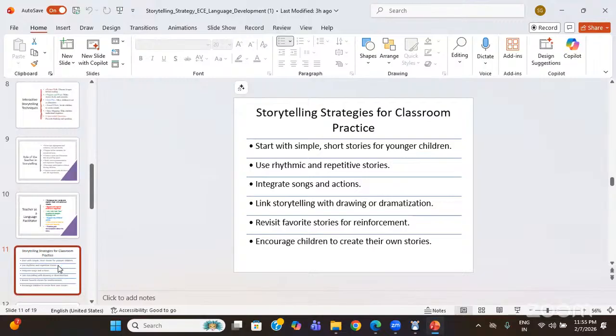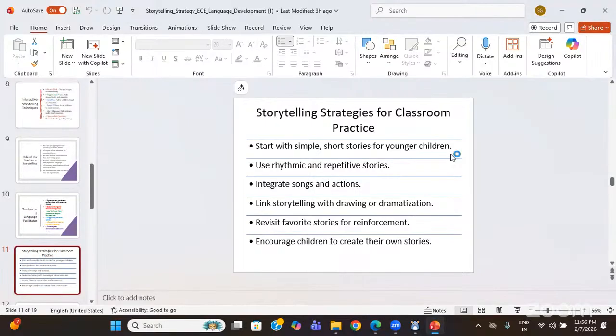And in the start, use simple short stories for children. You have to remember one thing. The story should not be too short. It should not be too long either. Too short, like telling the whole Ramayana in three words, that's not it. And it should not be too long, so that it becomes boring for the children.